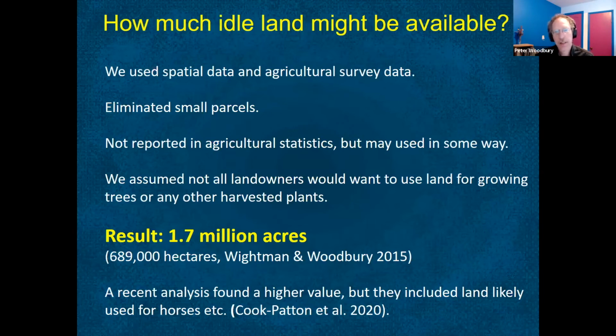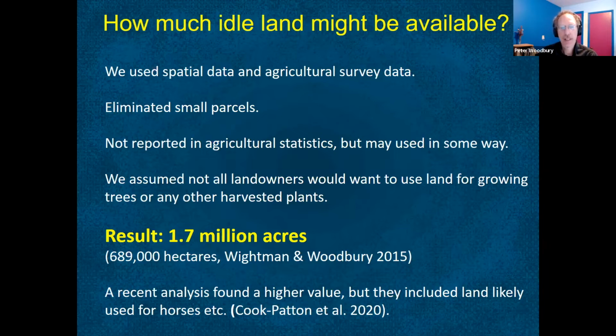So we did an analysis of how much of this land might be available for different purposes, such as bioenergy production, or in what we're talking about today, growing new forest or afforestation. We used a combination of the available data.